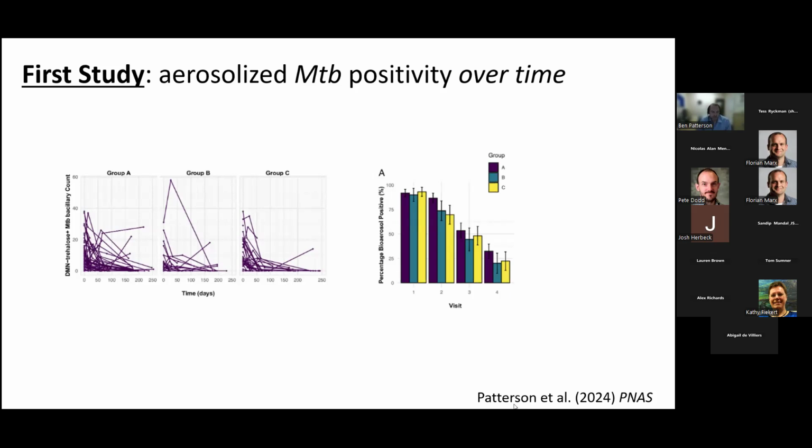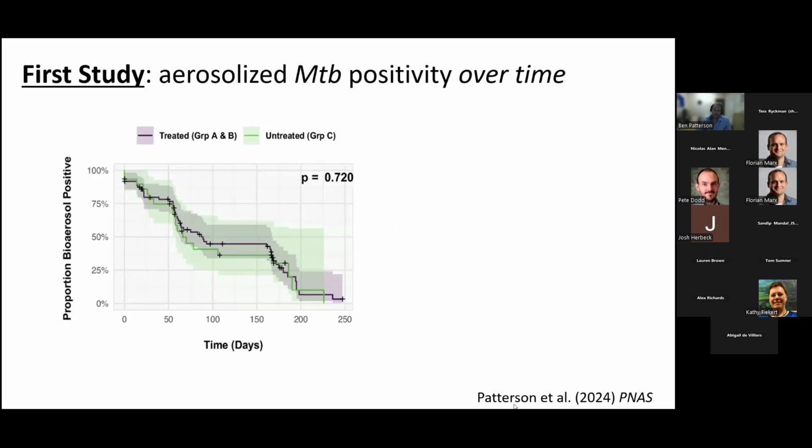But you still see this almost across the board reduction in bacillary counts. And then the graph on the right is again just putting this into either detected, not detected for each of the three groups at the 4 visits.